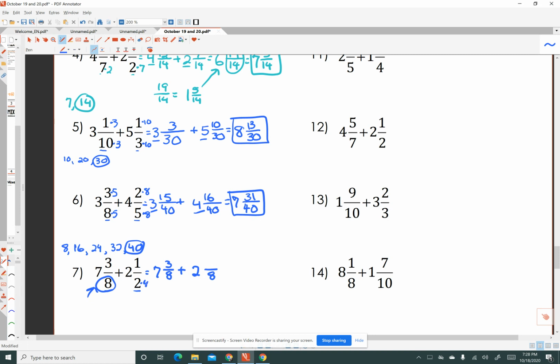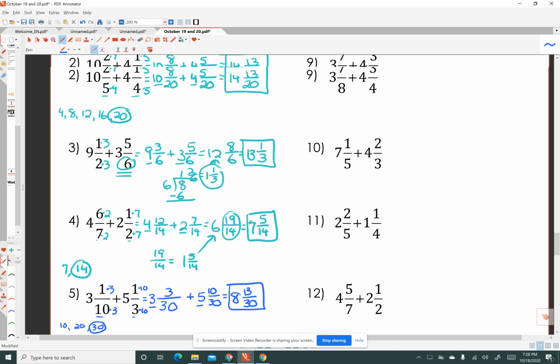Well, 2 times 4 is 8, 1 times 4 is 4. So let's add our whole numbers. 7 plus 2 is 9, and our numerators, 3 plus 4 is 7, and 9 and 7/8 is a final answer.